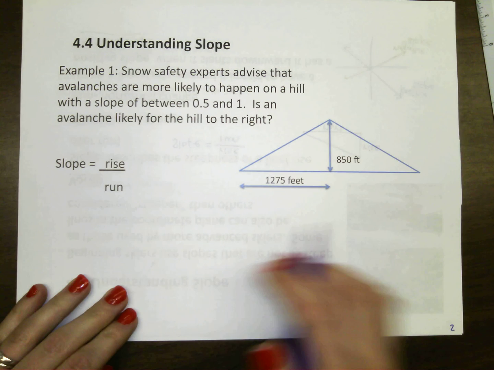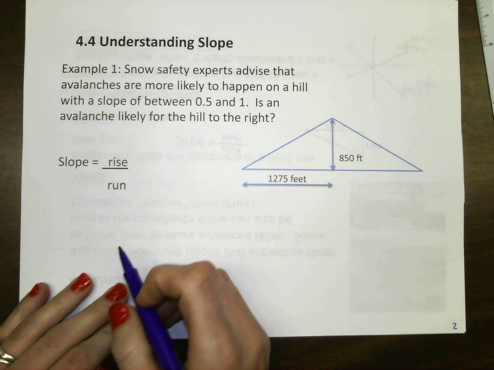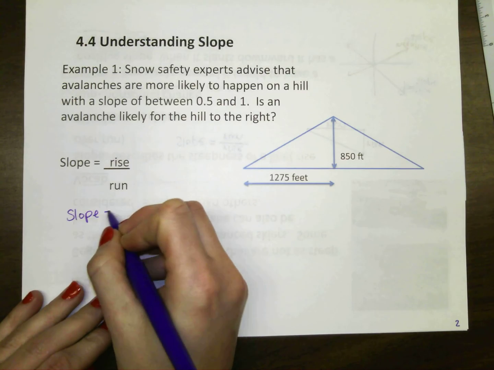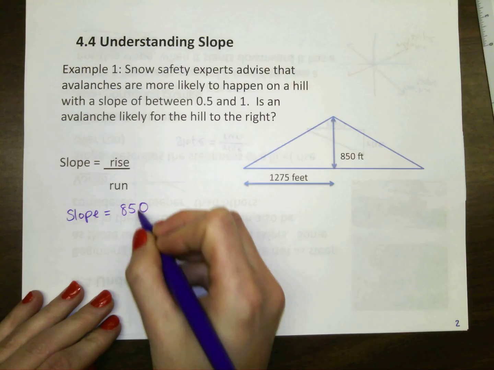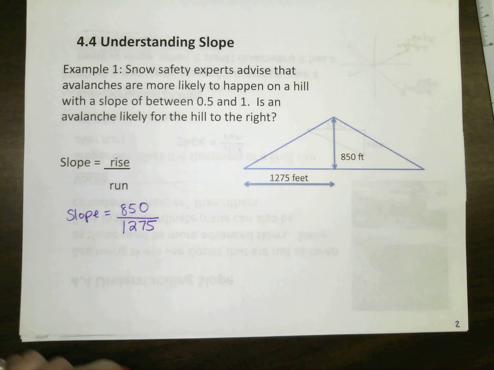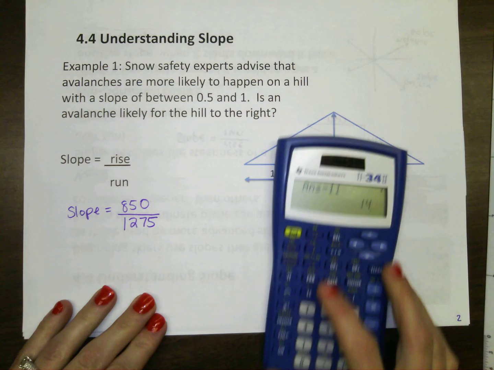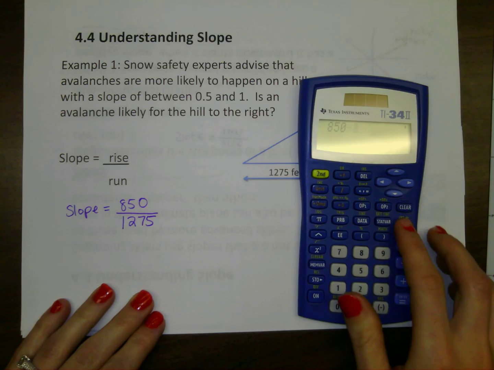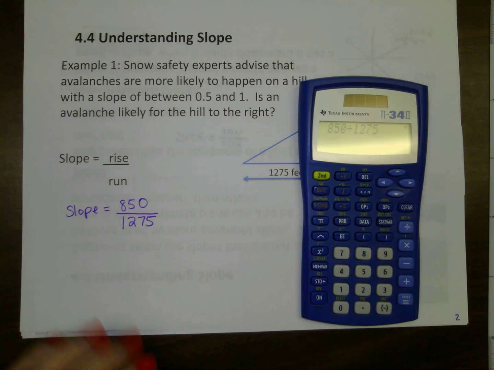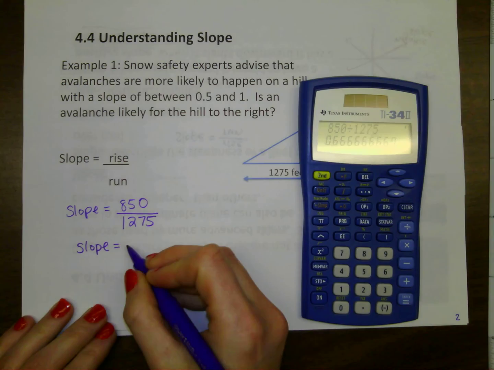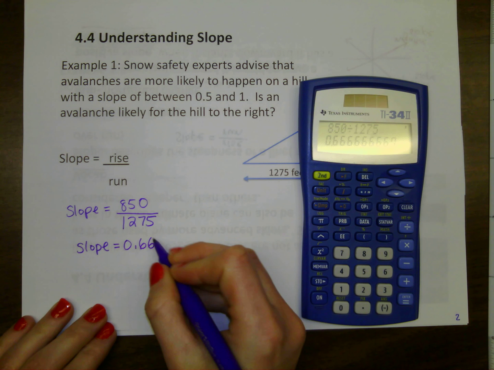We can solve this by using the equation slope equals rise over run, and we can plug in the numbers. So our rise is 850 over 1,275. Let me get my calculator, because I don't know how to do this off the top of my head. So 850 divided by 1275 gives me a slope equal to 0.66 repeating.